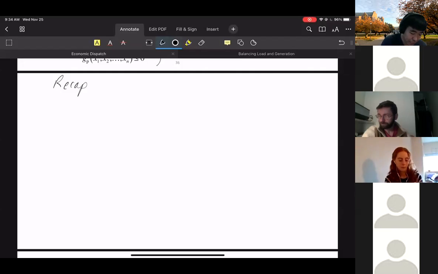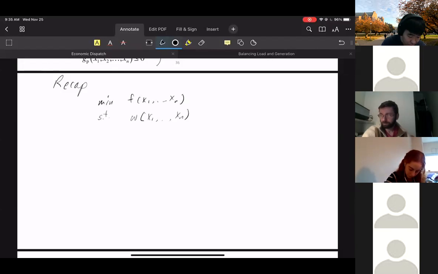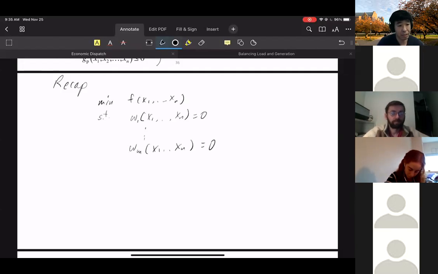So as a recap, we've been looking at problems with equality constraints. We've been looking at a problem like this: minimize over x1 through xn, subject to these equality constraints.